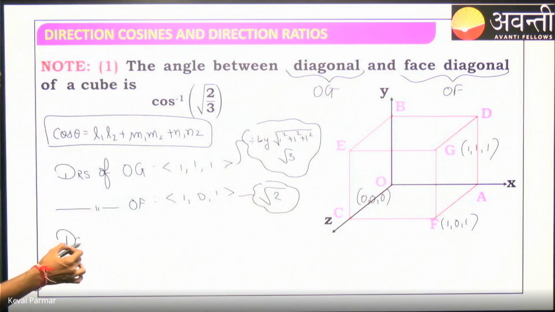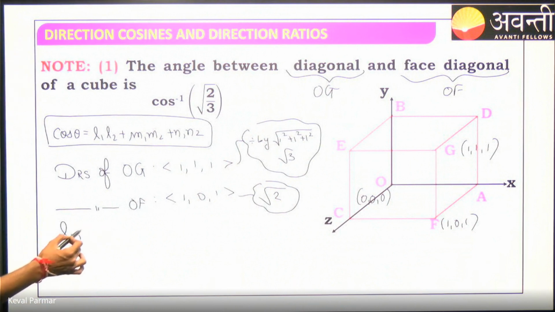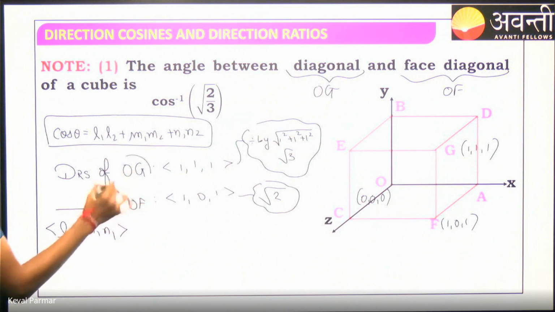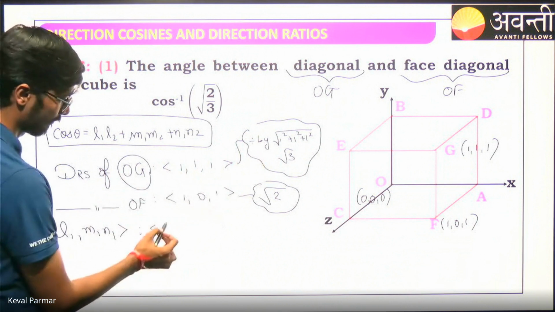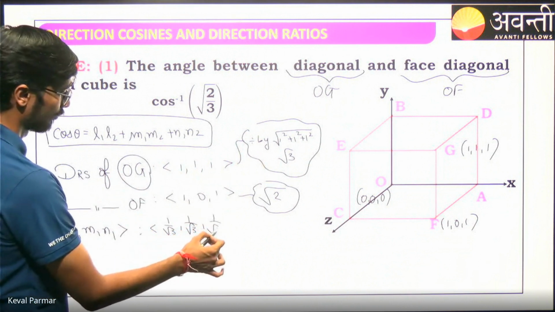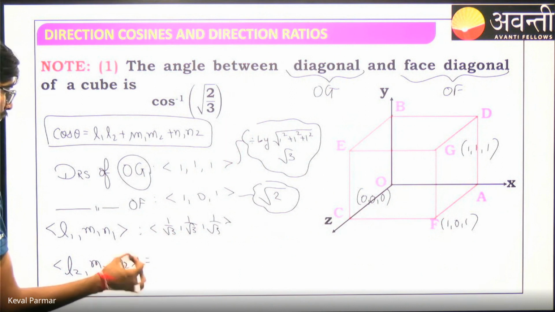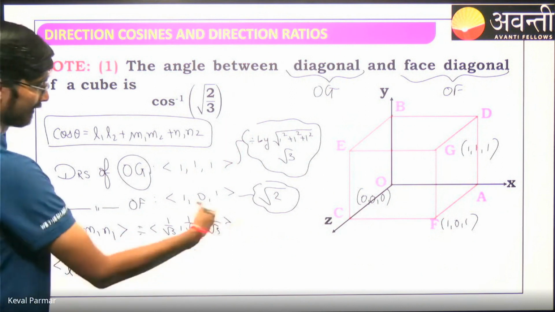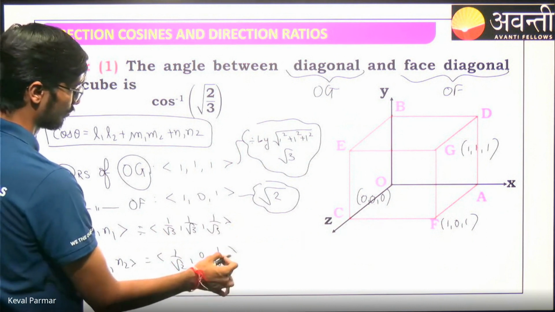So L1, M1, N1 of OG will be 1 by root 3, 1 by root 3, 1 by root 3. And L2, M2, N2 will be 1 by root 2, 0, 1 by root 2.